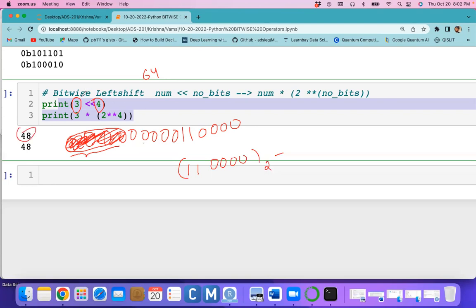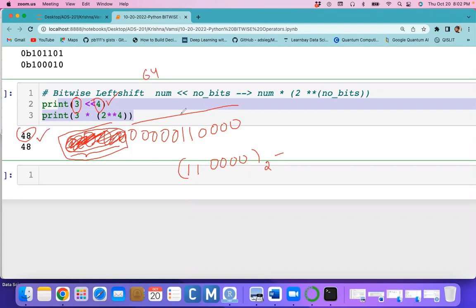Whatever number you have, convert it into binary. Then for however many bits you want to shift towards the left side, remove that many bits from the left, and add that many zeros at the right side. Then convert the resultant to decimal, and you will get the corresponding number.